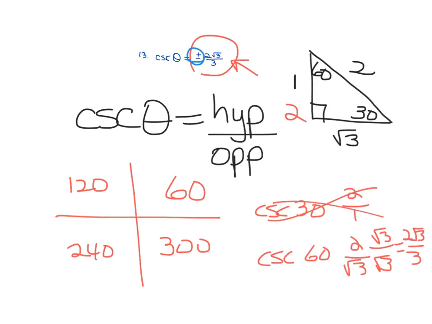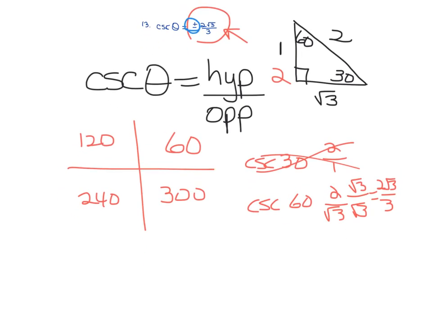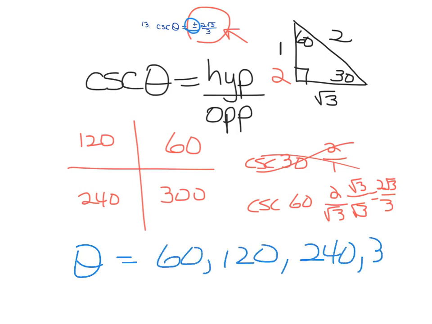So whenever you have plus minus, it's all 4. So if it's only a positive answer or only a negative, you're looking for 2. But when it's got a plus minus, this is taking care of everything. So my answer here for theta is 60, 120, 240, and 300. It's all 4.